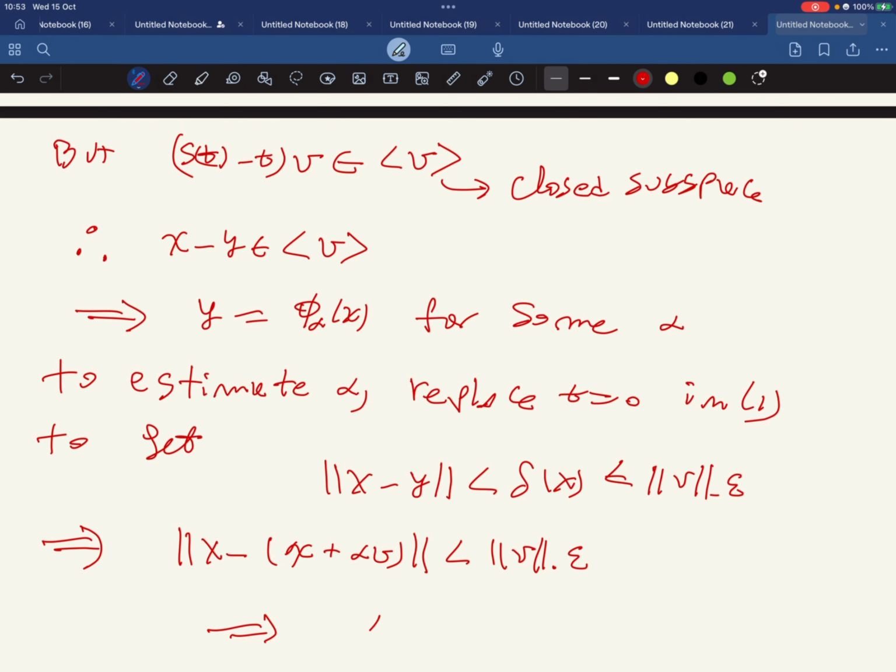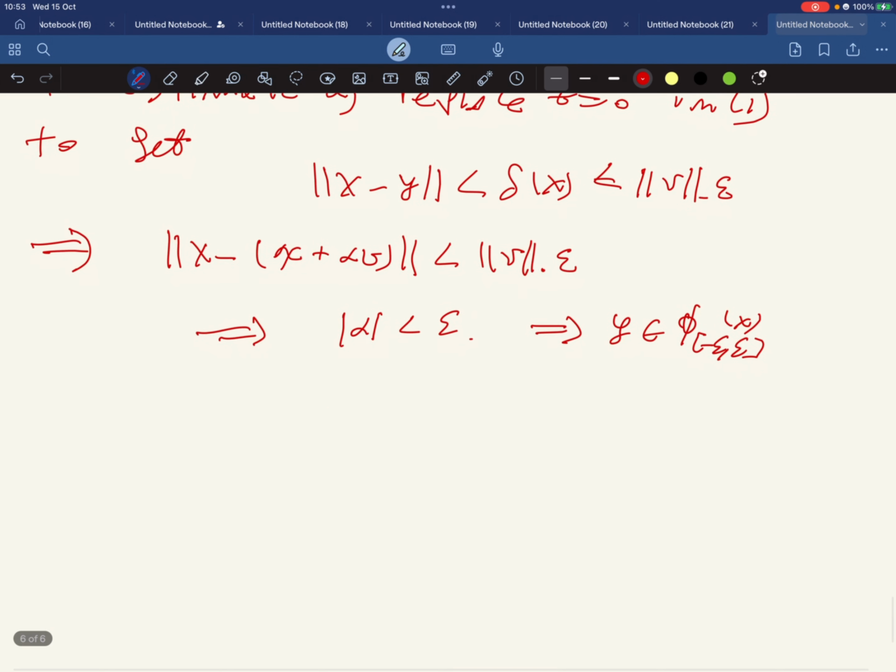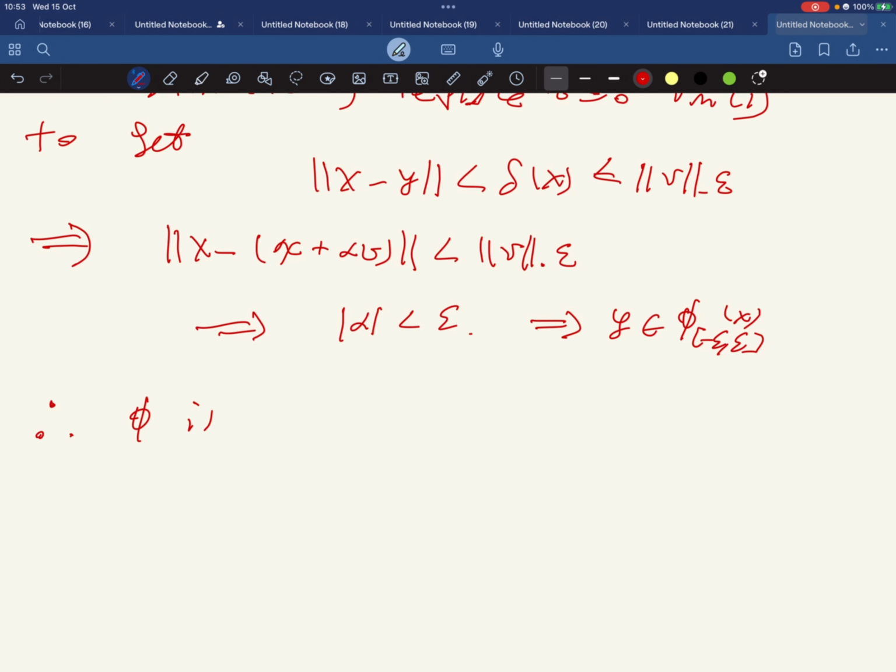So the modulus of alpha is less than epsilon. And so y belongs to phi minus epsilon of x, proving that the flow phi is topologically expansive.